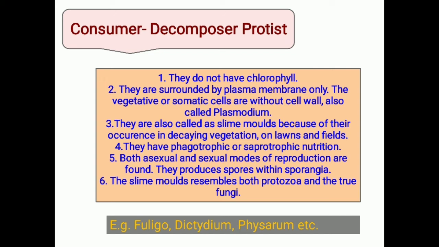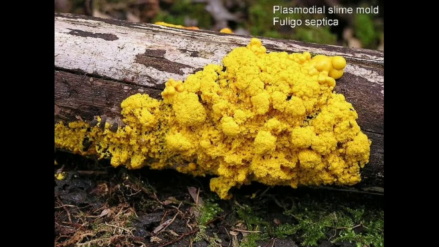So in the diagram here, you can see that they are generally found on the dead organic part, either a dead bog or near the leaves which have started decaying, or any kind of waste of the living organisms.